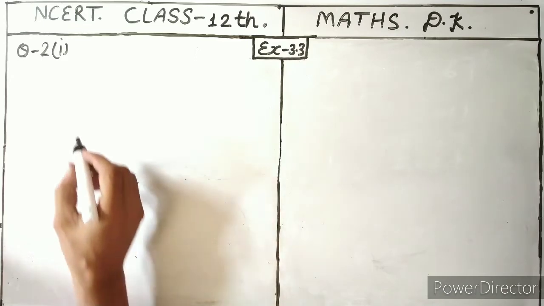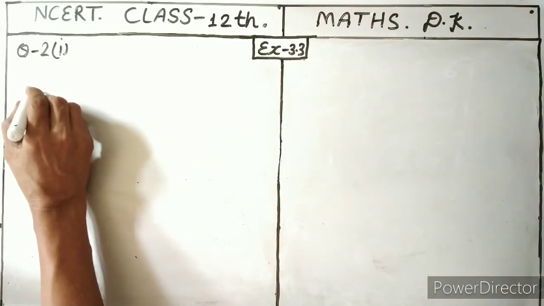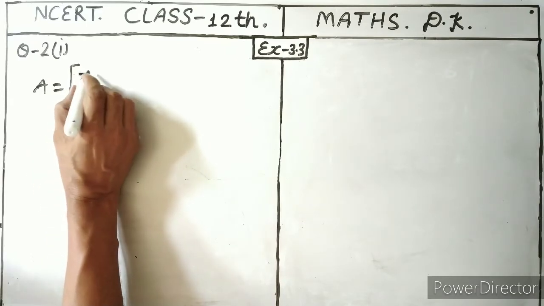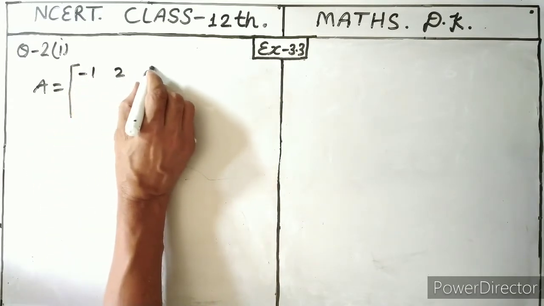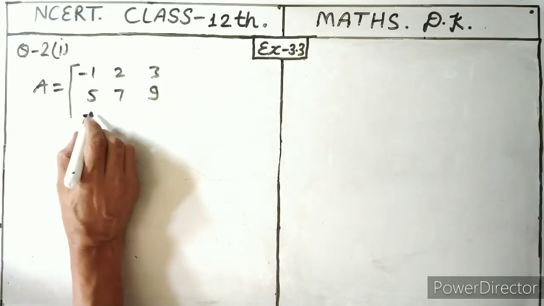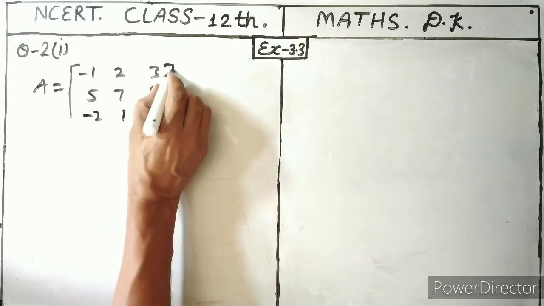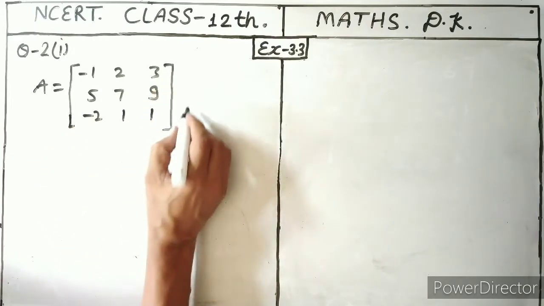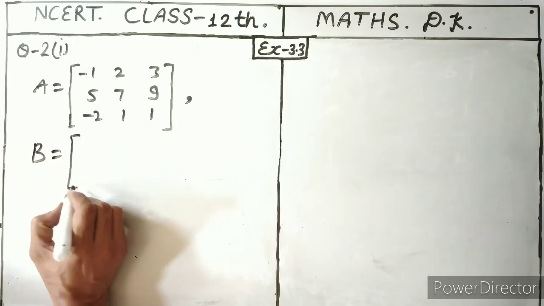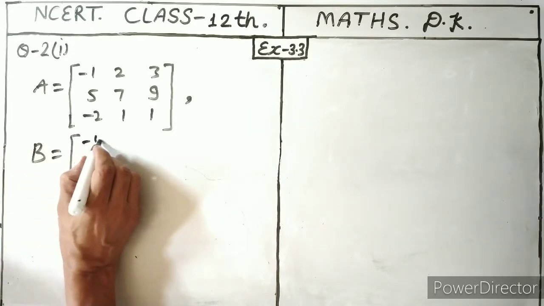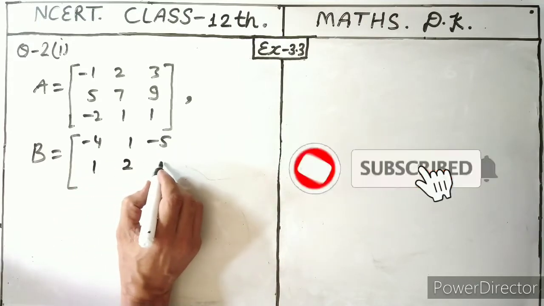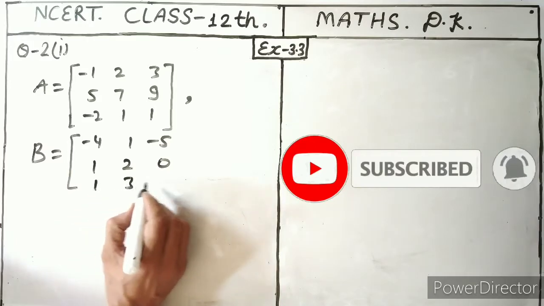In question number second, if A matrix is -1 2 3, 5 7 9, -2 1 1. This is A matrix, and B matrix we have given -4 1 -5, 1 2 0, 1 3 1.